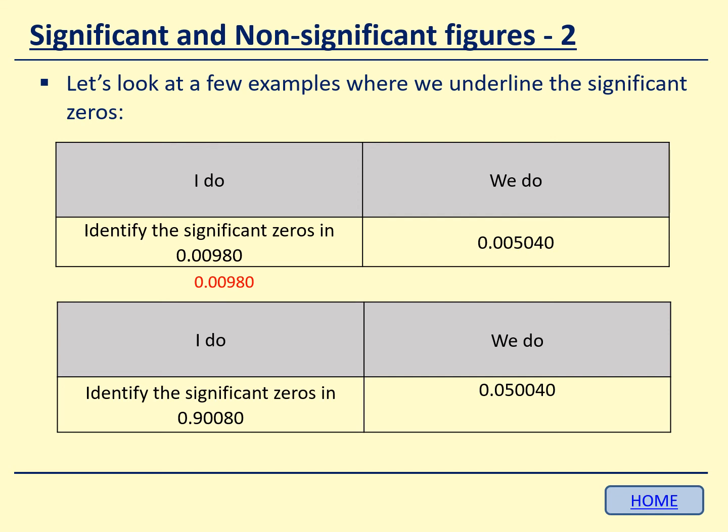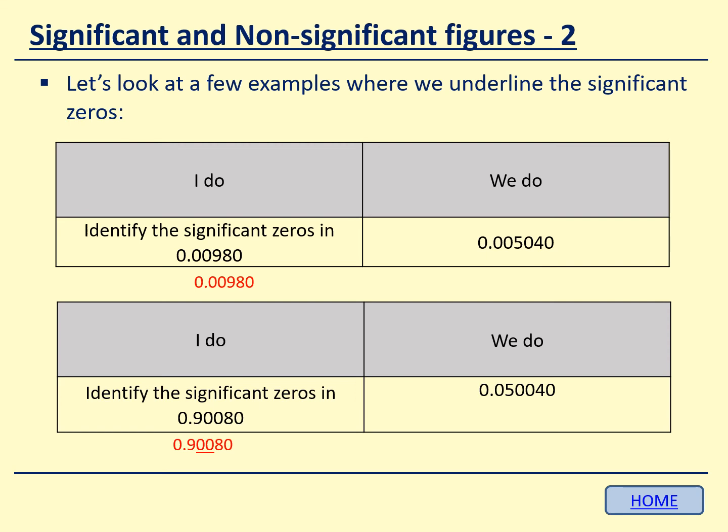The next one, identify the significant zeros in the 0.90080. There's two zeros surrounded by the 9 and the 8. If I was rounding, I would have to count them, so I've underlined those. I'm going to pause the video and you're going to do the next two questions.